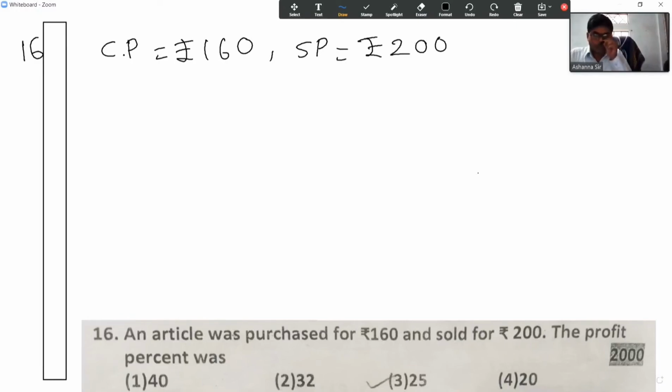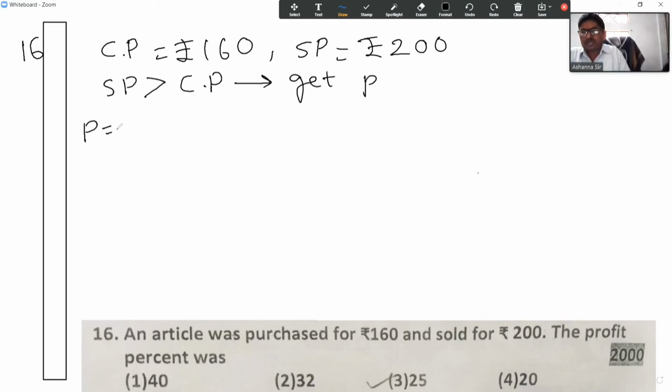We understood here selling price is greater than cost price, so we get profit. So profit is equal to selling price minus cost price.